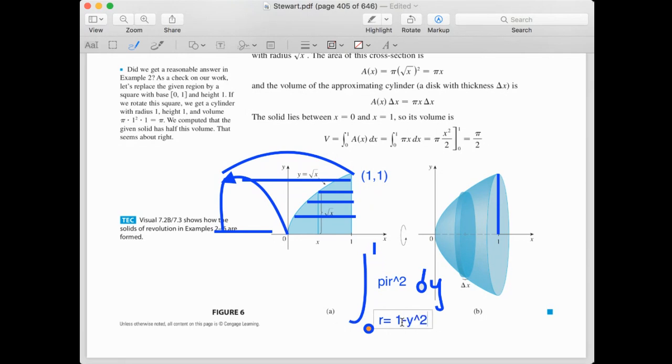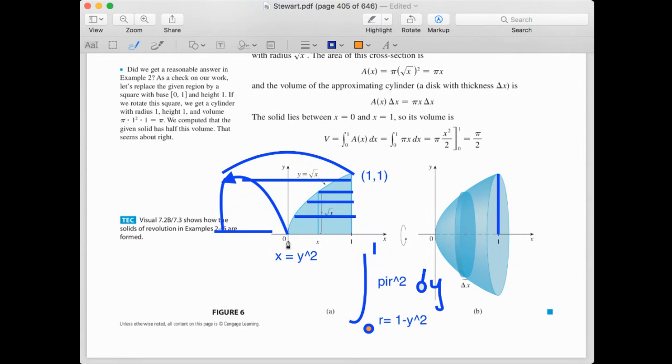I'll tell you why it is 1 minus y squared. Because we want to write this x in terms of y. So y equals the square root of x, which means x equals y squared.